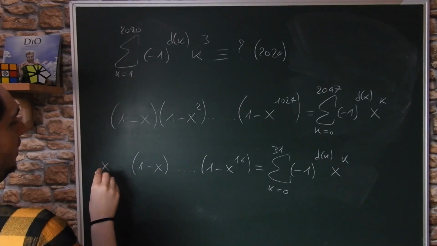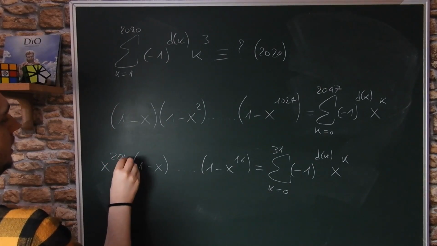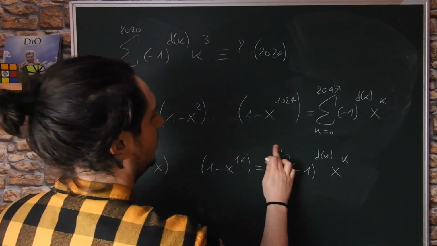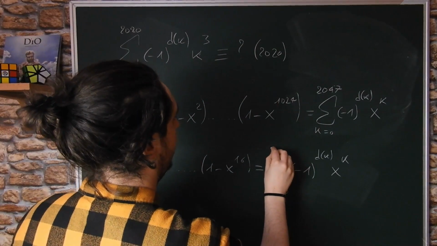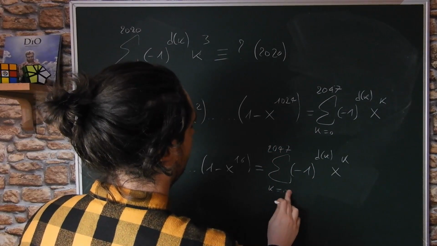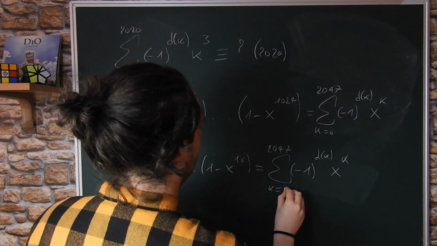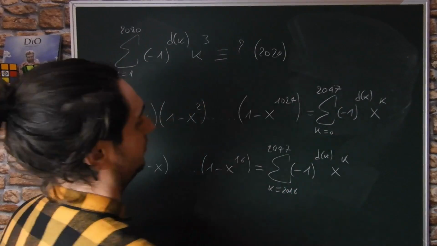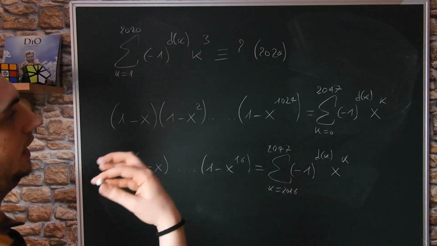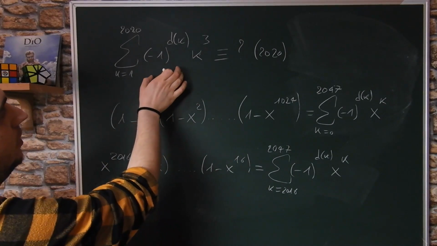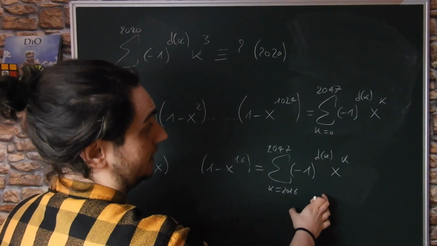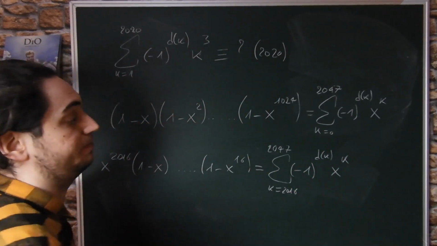So let us multiply all of these by x^2016. So here we have 2047 now, and here we start with 2016. Okay, but now we want to compute a sort of term like this from a polynomial of these forms.